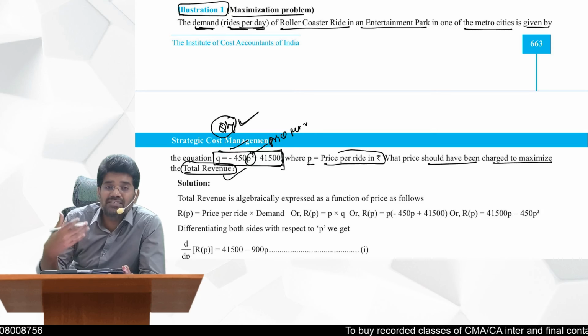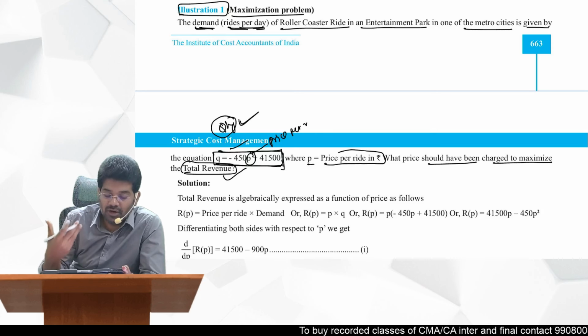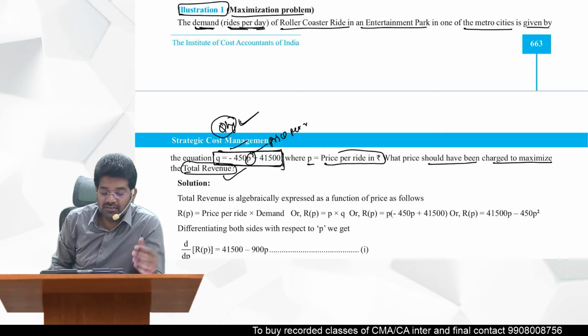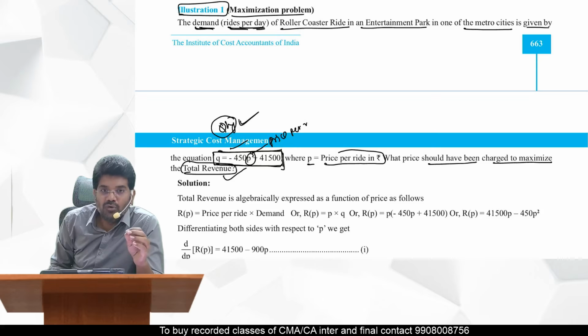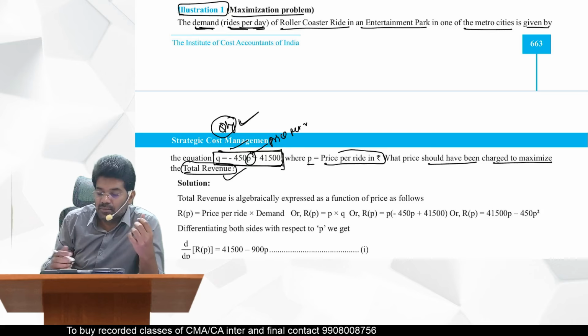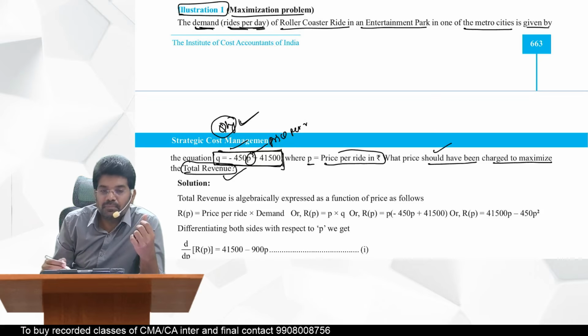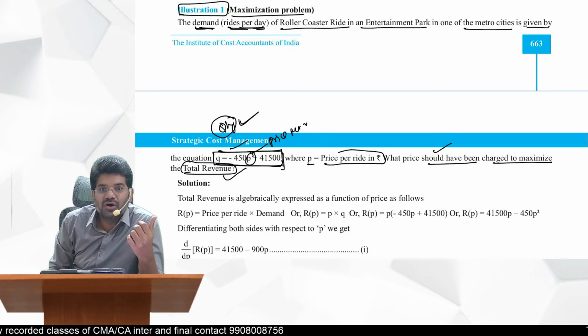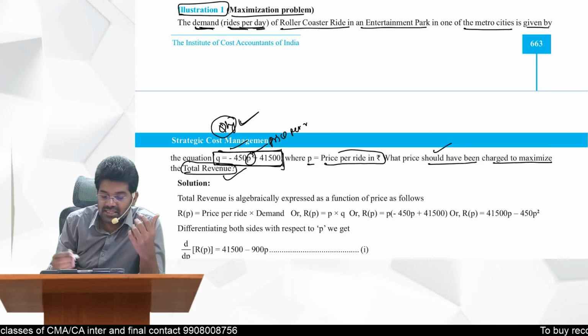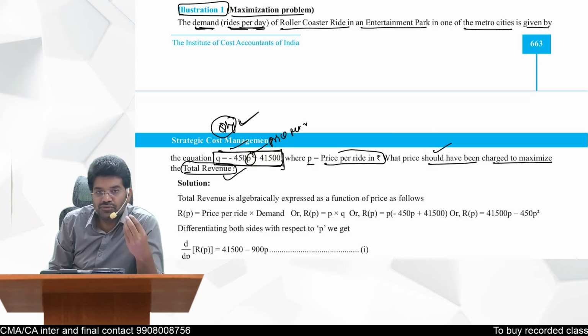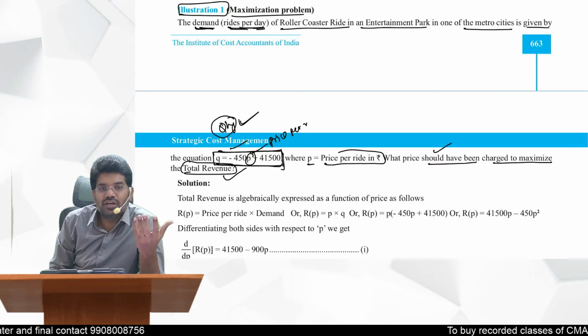First of all, maximization of revenue is the objective here, maximization of total revenue. So what is the independent variable here? Price is the independent variable. How much price if you charge to maximize the total revenue?